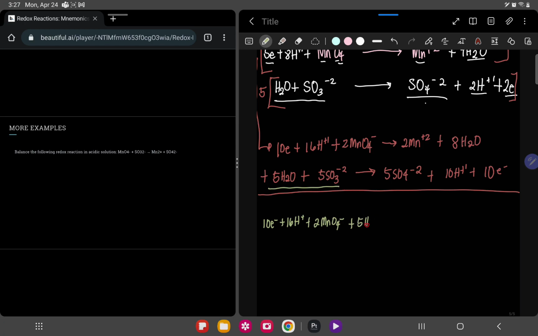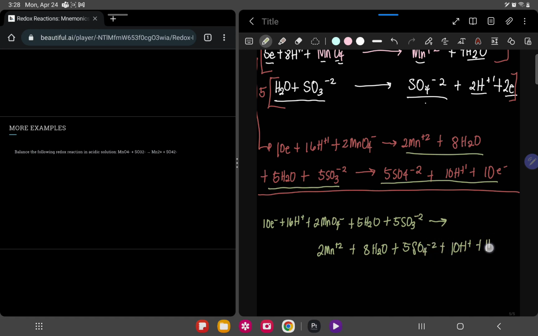We have 5 H2O plus 5 SO3. Okay, I'm gonna use the lower part so it will not be cramped like the ones we wrote a while ago. And then we have this one, 2 manganese plus 8 H2O plus 5 SO4. I'm now on the side. 5 SO4 plus 10 hydrogen plus 10 electron.